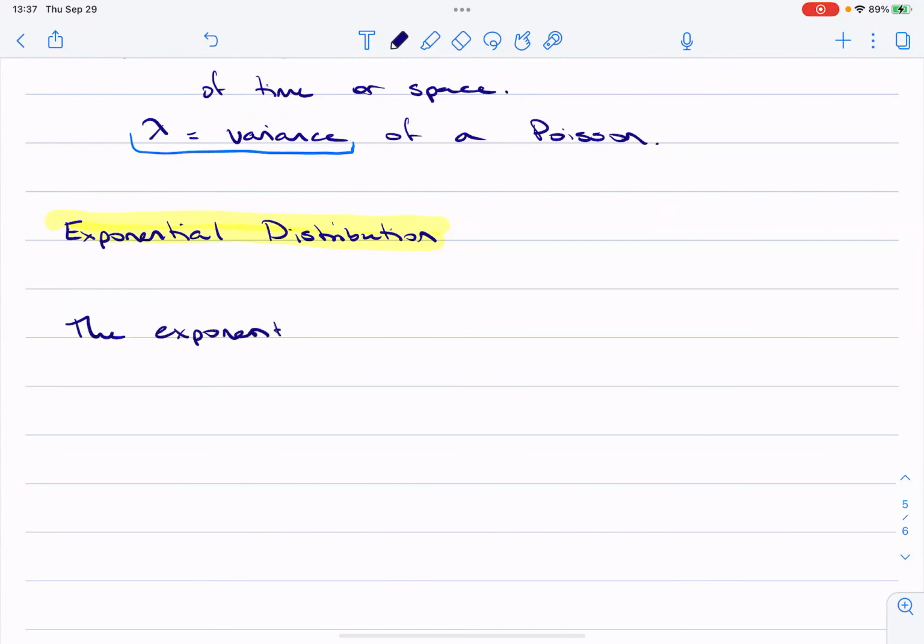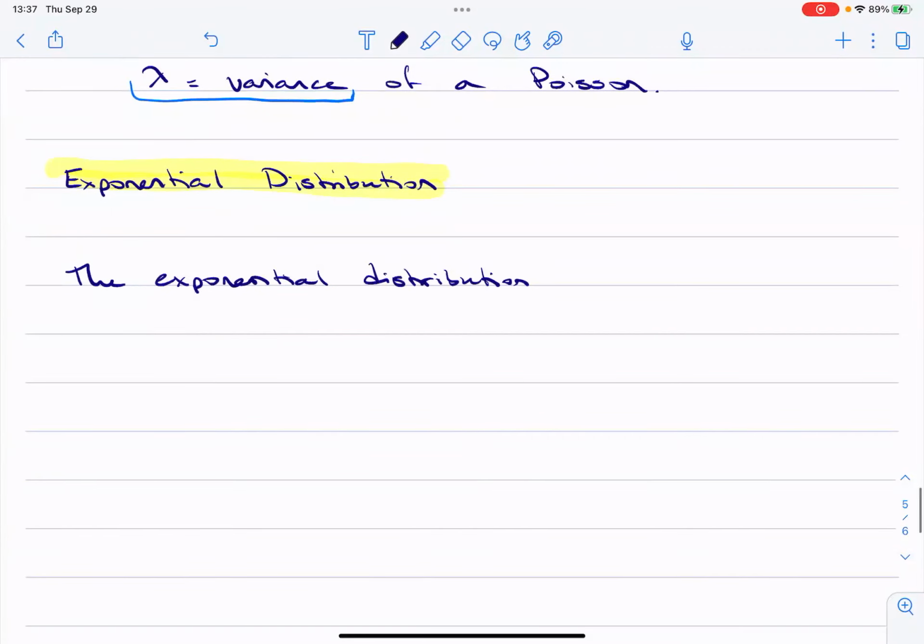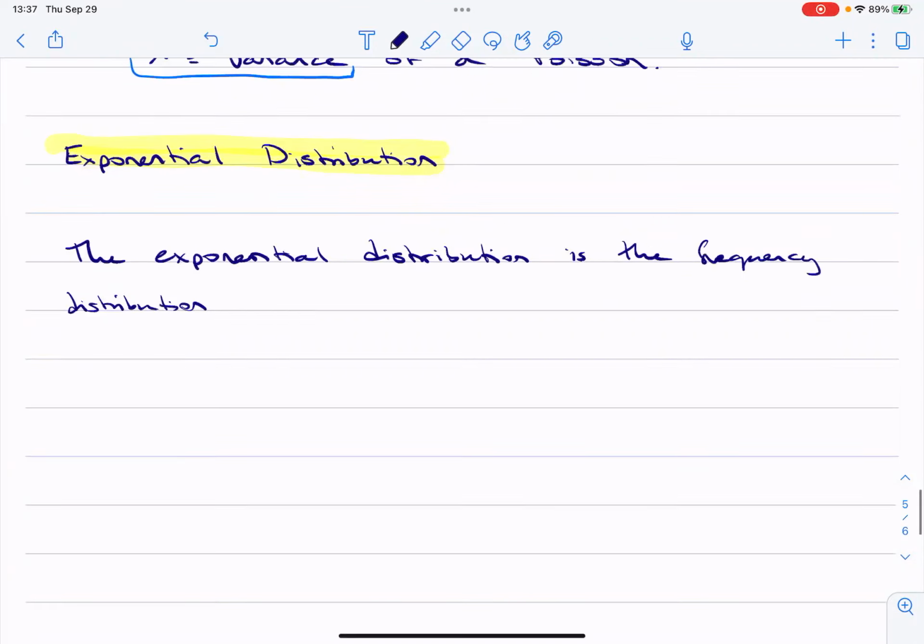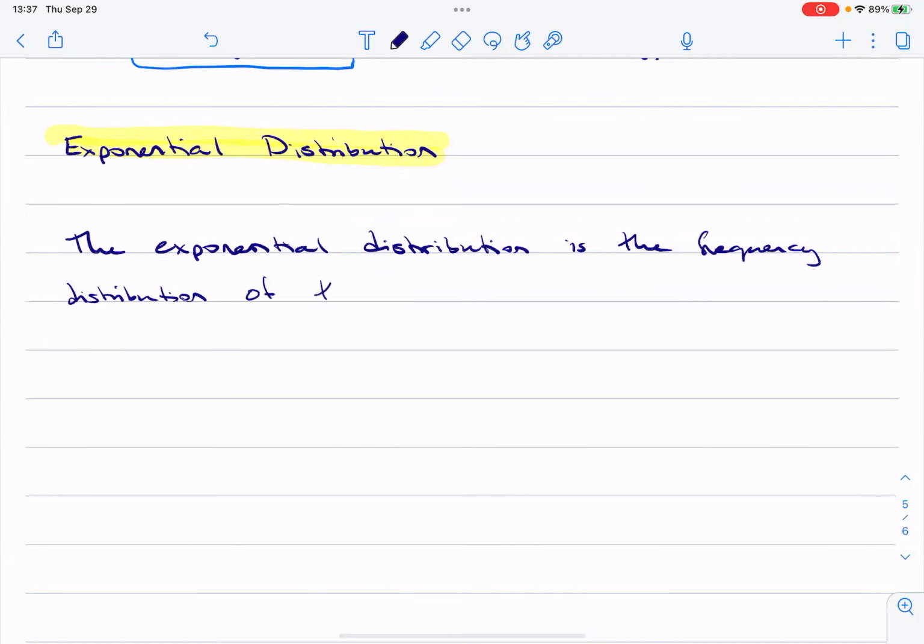The exponential distribution is the frequency distribution of the time or distance from one event to the next event.